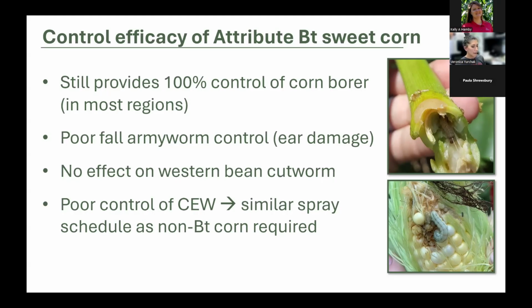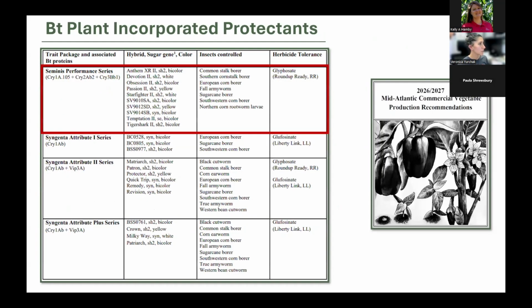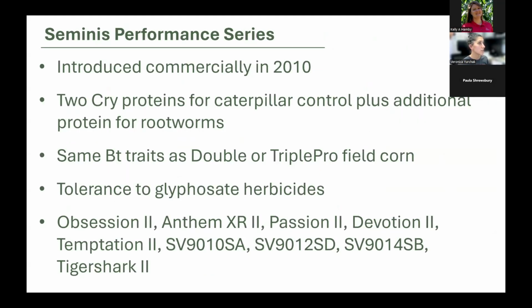A couple years after the Attribute was released, the Performance Series sweet corn varieties were introduced commercially. This was in 2010. These contain 2 Cry proteins for caterpillars and then an additional protein that targets rootworms.